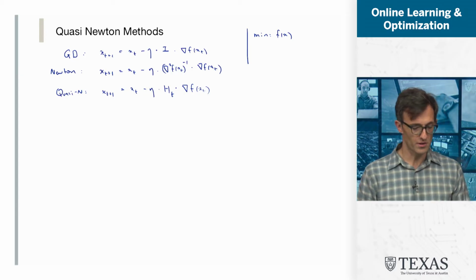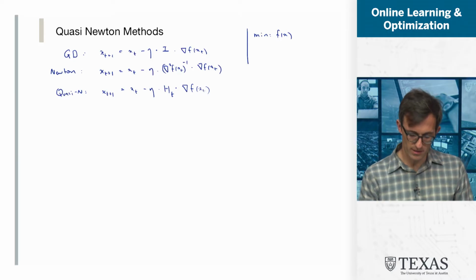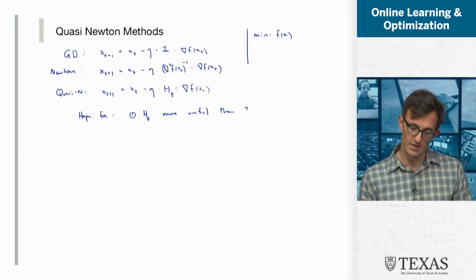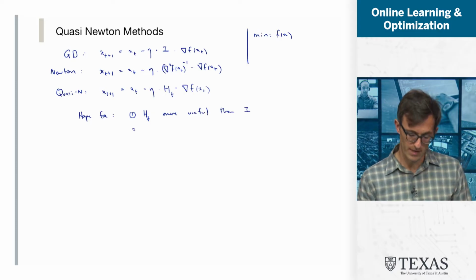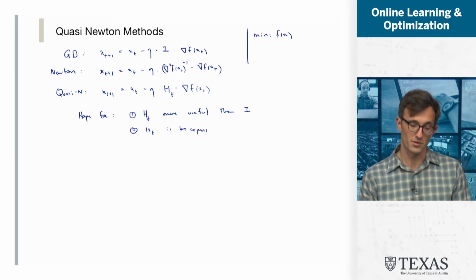So in other words, we hope for an H_t that is more useful, in other words, faster convergence, than just using the identity, that would be gradient descent, but is less expensive to compute than this cubic operation of computing the inverse of the Hessian.